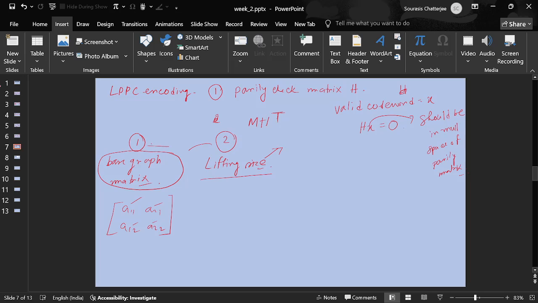In the 5G NR standard, how many base graphs are there? 1, 2, 3, 4, or only one? When LDPC encoding is defined in the standard, is there only a single base graph possible?